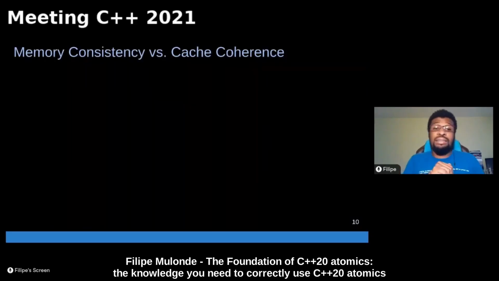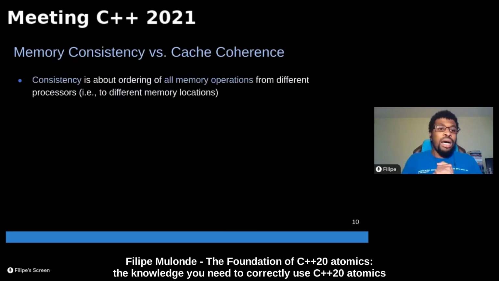So now let's understand the difference between memory consistency and cache coherence, because it will also be important for the rest of the talk. Consistency is about ordering of all memory operations from different processors, that is, to different memory locations. It's a global ordering of access to all memory locations.